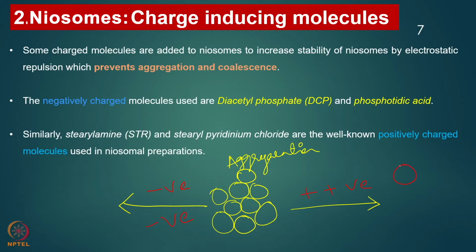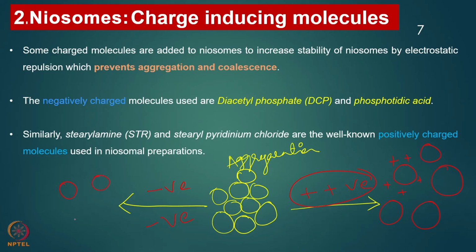So, the particles can be suspended in the final formulations. That is the greatest advantage when we add charge inducing molecules on the surface of the niosomes. Based on the requirement, if your formulation undergoes aggregation, we need to add charge inducing molecules.